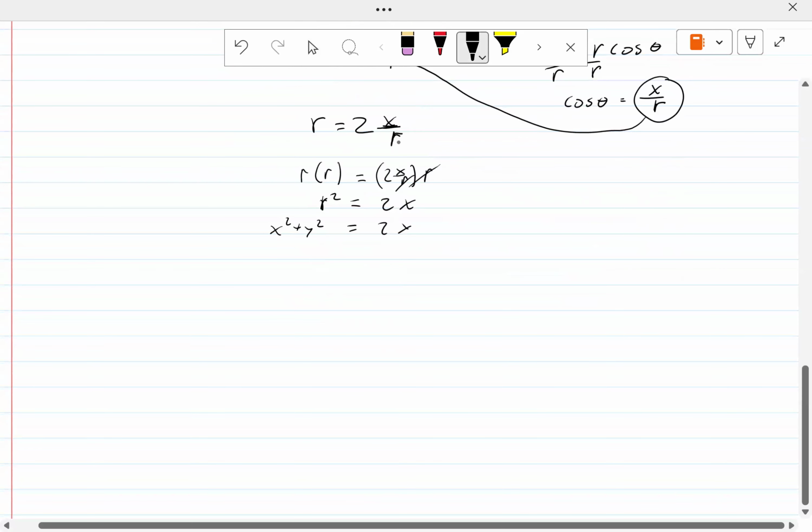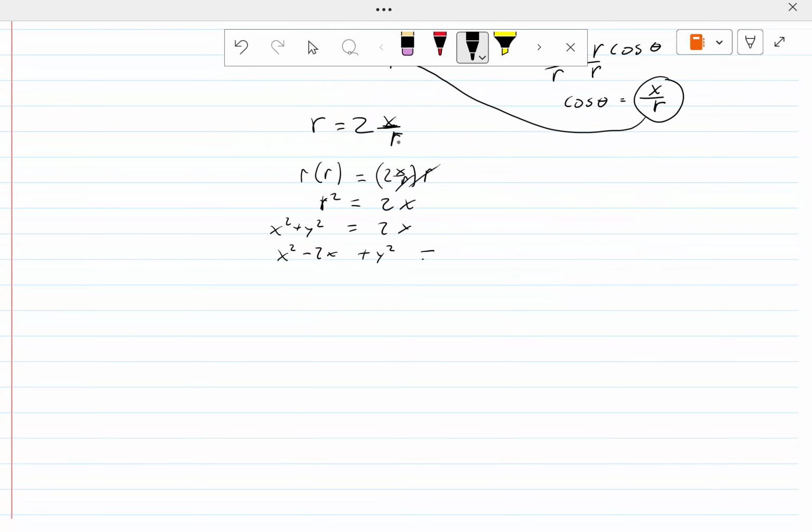If I toss the 2x to the other side, I get x squared minus 2x plus y squared equals 0. If I complete the square, I take half of negative 2 and square that.